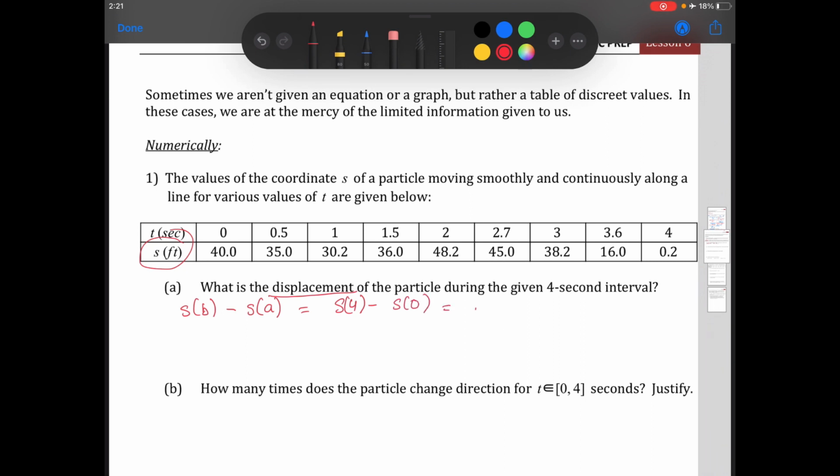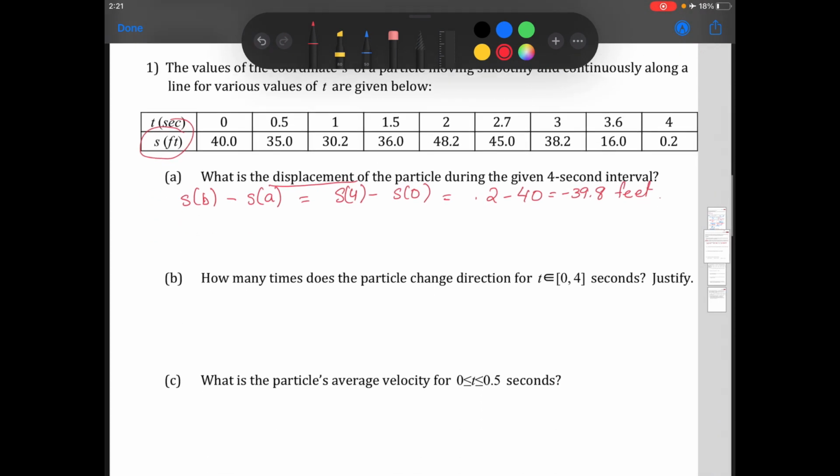S of 4 is 0.2 minus 40, which is negative 39.8. And this means we're going to the left 39.8 feet, right? It's not asking us for an explanation, but we should be able to analyze this.